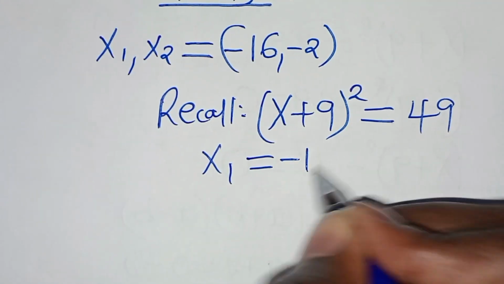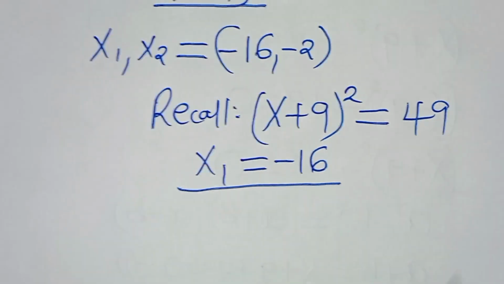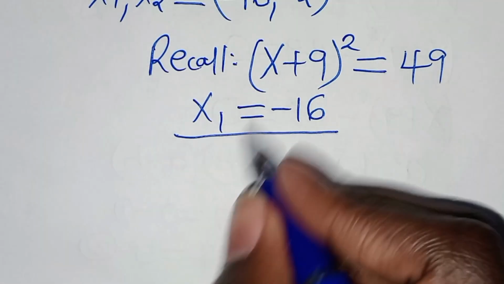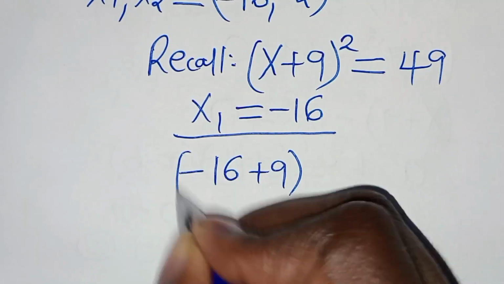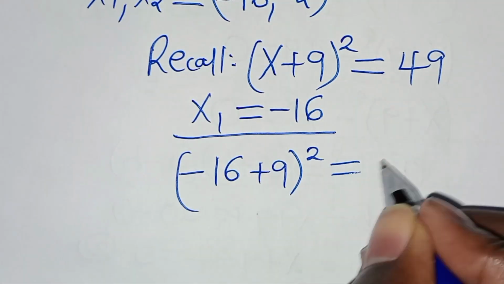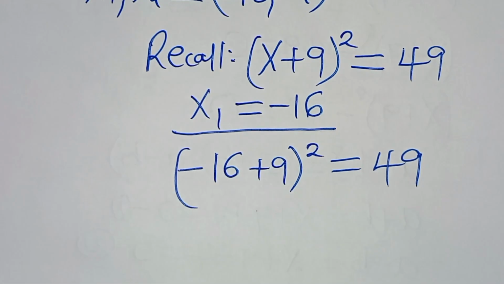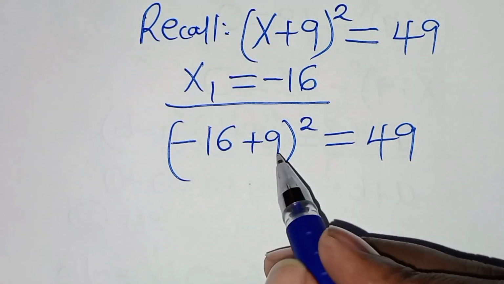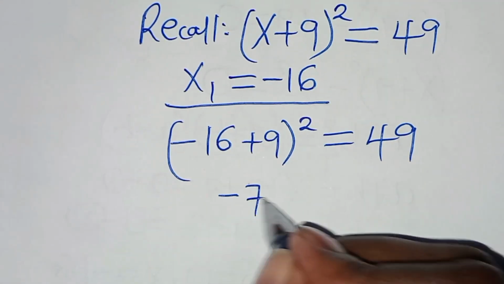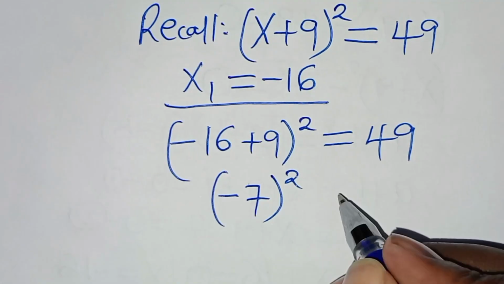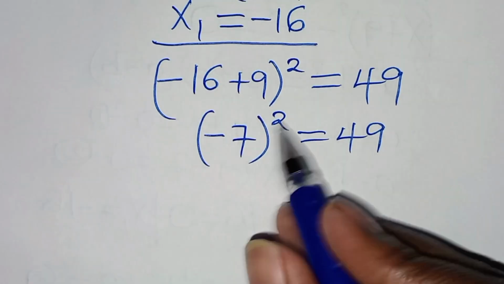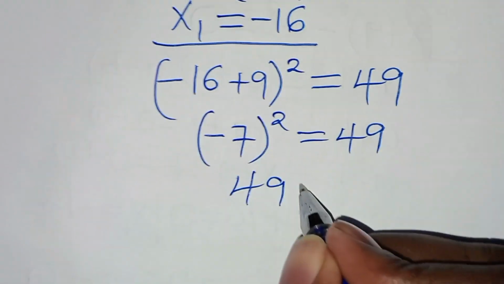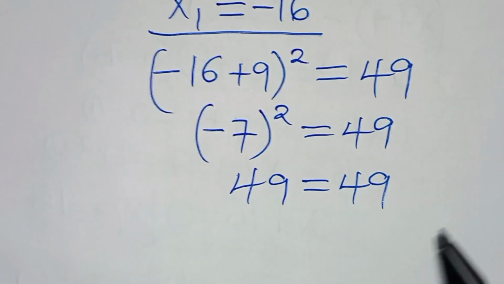This is equal to minus 16. So this implies that here we have minus 16 plus 9 raised to power 2. This is supposed to give us a value of 49. Minus 16 plus 9, this is minus 7 raised to power 2. This should give us a value of 49. Minus 7 squared, this is 49, which is equal to 49.